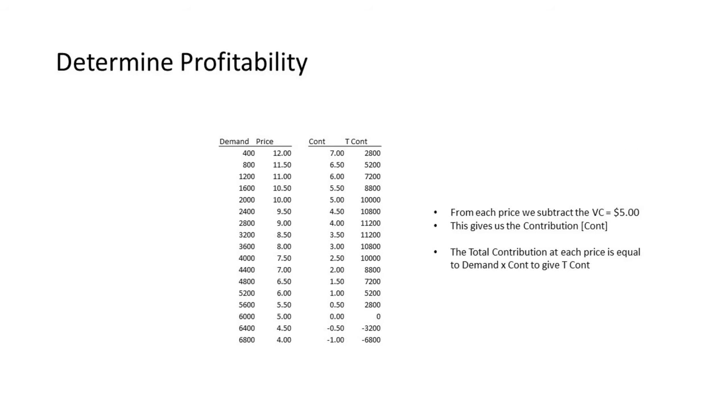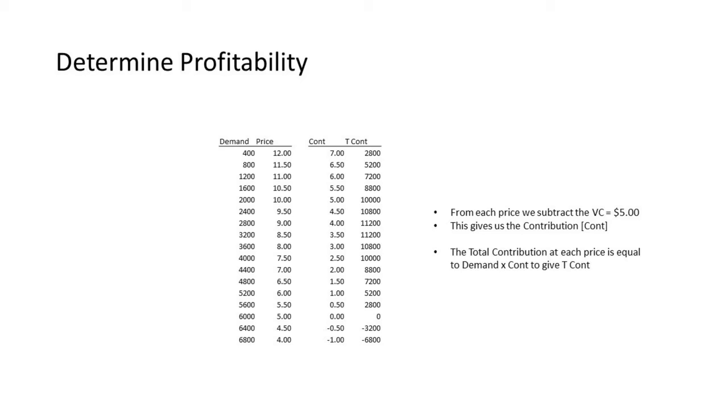Now we can take that data, and from each price we can subtract the variable cost, which we said was $5, and for each one of these price levels we can get the contribution, which is shown in the third column from the left here.